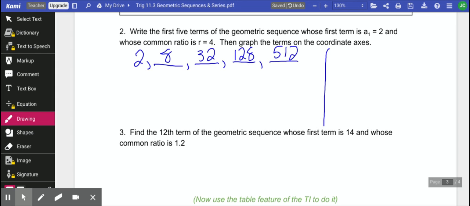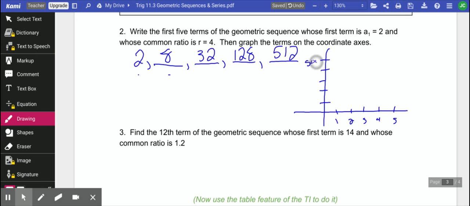And then to graph these, remember this is the first, second, third, so that's kind of like your x coordinates. So 1, 2, 3, 4, 5. And then I'm going to have to scale this axis. When you graph these, you're going to have to scale very differently because these take off pretty quickly.